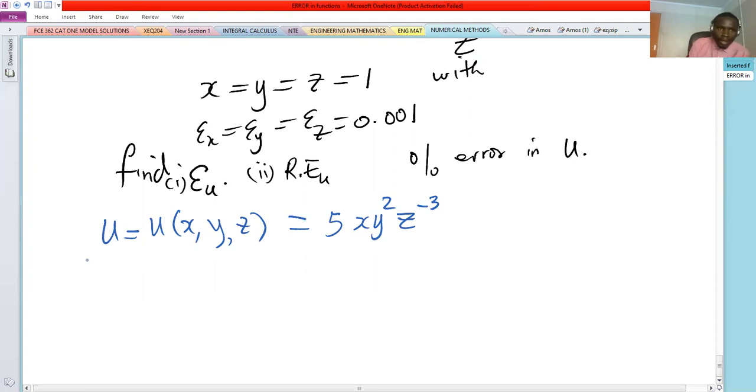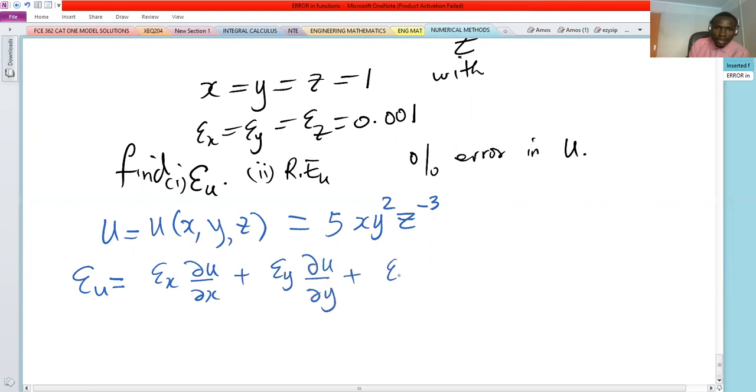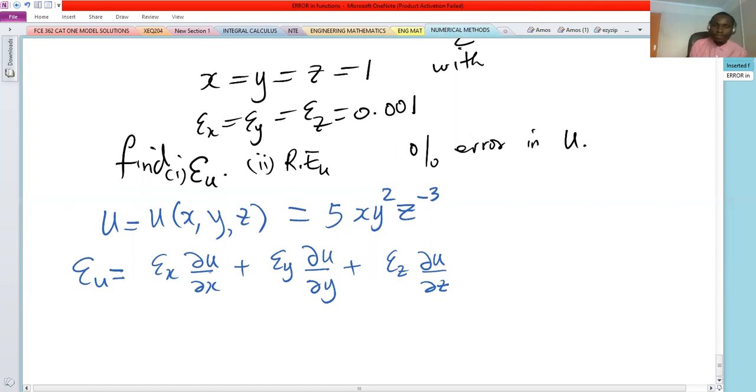So the error in u is given by error in x times partial u partial x plus error in y times partial u partial y plus error in z times partial u partial z. And in case any of these terms has a negative sign, then you take the absolute value.